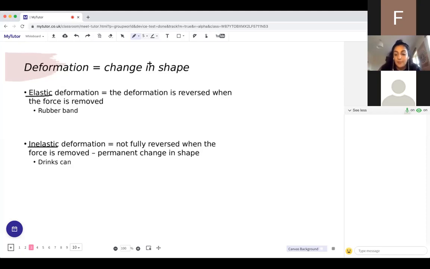That is called an inelastic deformation. It's permanently deformed. So two types, elastic and inelastic, and they're very key to what we're about to cover next.